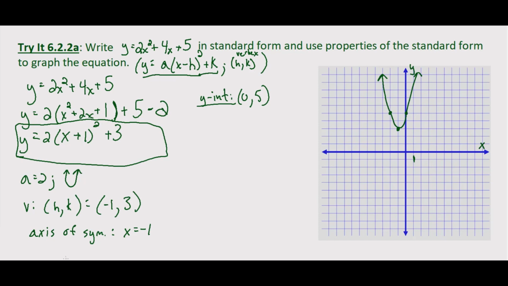And then we used the properties that we have in the past. a being positive means it opens up. The vertex is (h, k) in the standard form of a times x minus h squared plus k. So we have the vertex, which also gives us the axis of symmetry. And then we found the y-intercept, and then another point at (-2, 5), because of the symmetry across the axis of symmetry, to get our parabola.